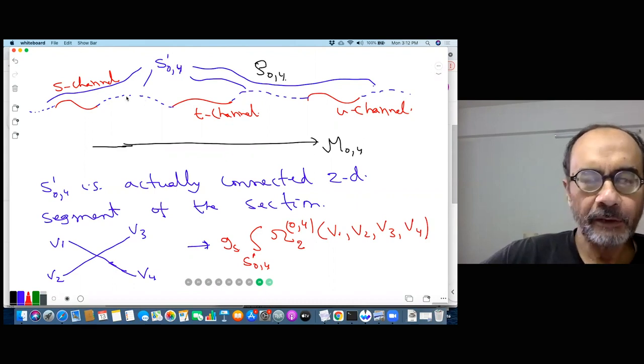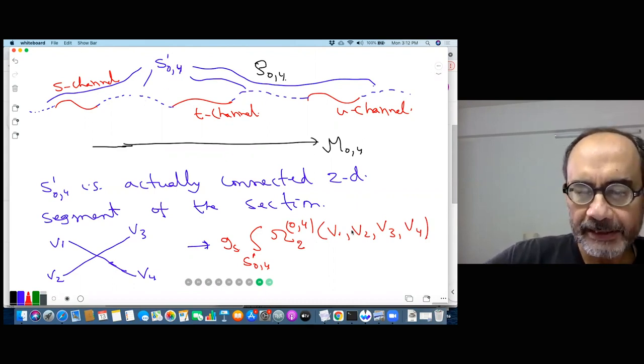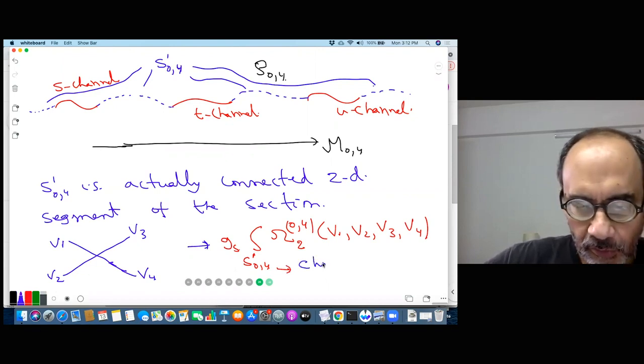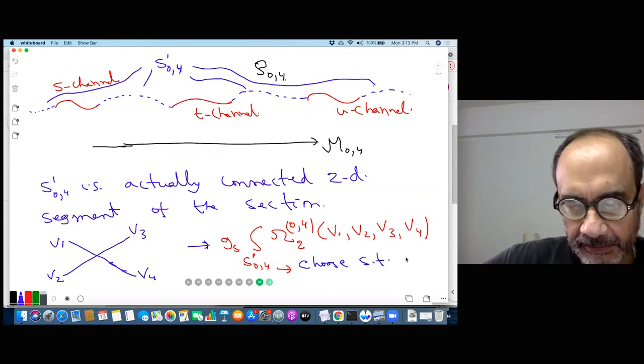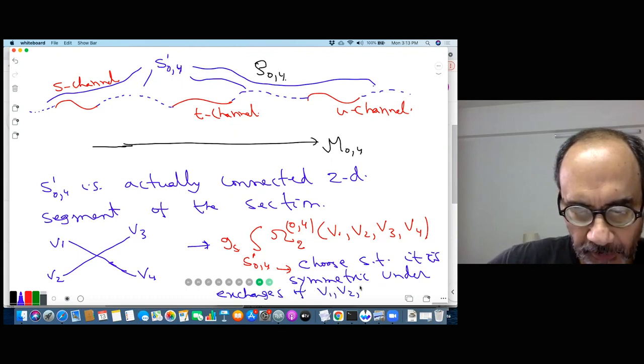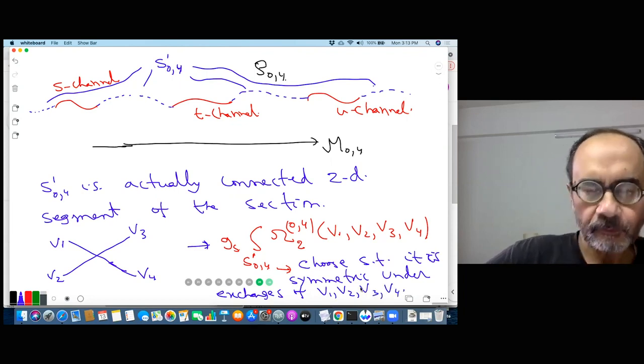And again we want to choose S prime 04 in such a way that this is symmetric under exchanges of V1, V2, V3, V4. The S, T, and U channel diagrams by definition are symmetric.